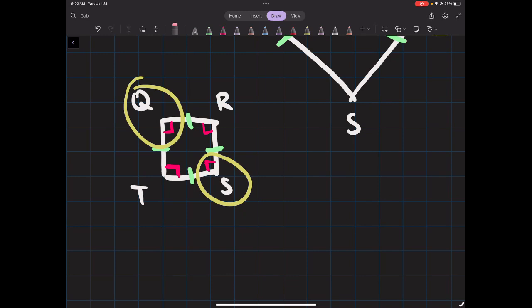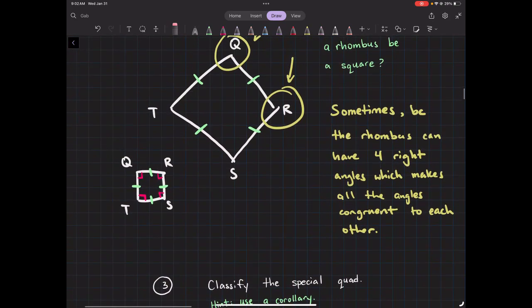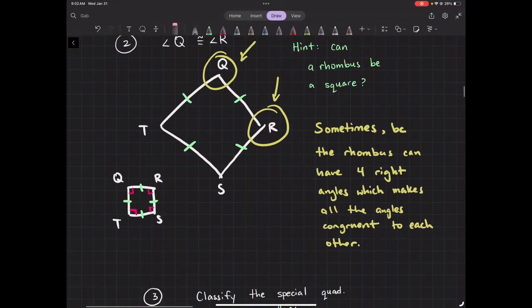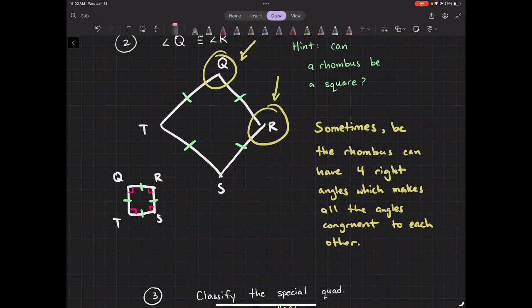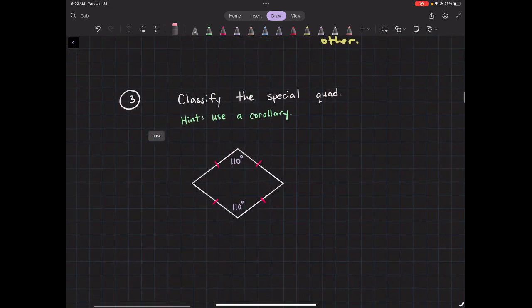So a rhombus can be a straight up rhombus with no right angles, or a rhombus can be a square with all right angles. Okay, so those are the 2 that could be the most confusing, and then it will be like a square and a rectangle. But I think the square and rectangle argument seems more straightforward.